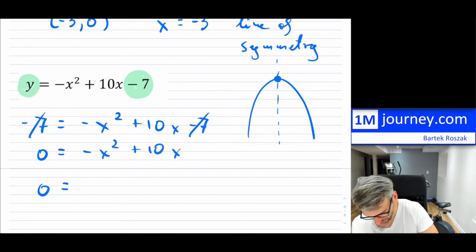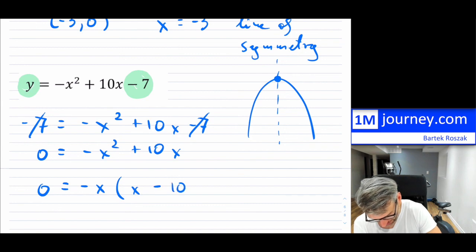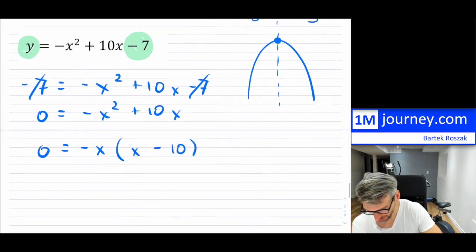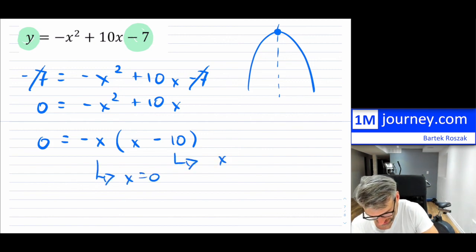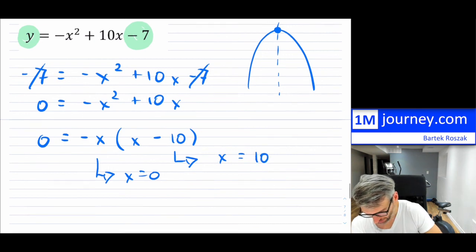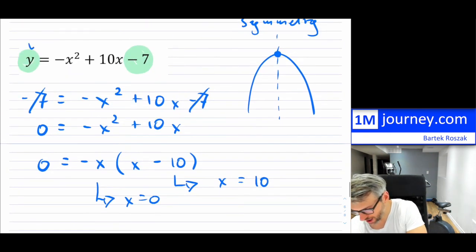So I can solve for my, let me take out a -x. And that's going to leave me x minus 10. All right. So my zeros here, of course, happen at x equals 0, and then from here, it happens at x is equal to 10.